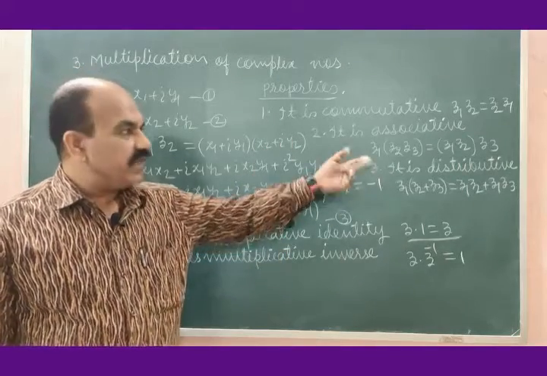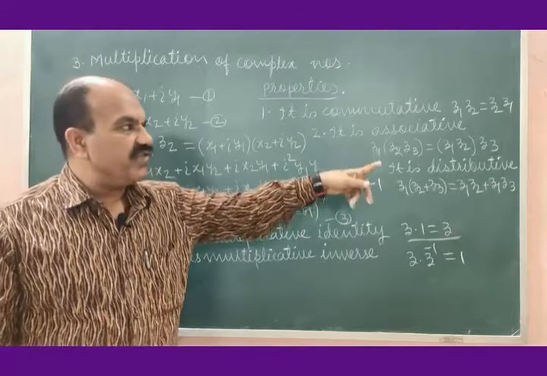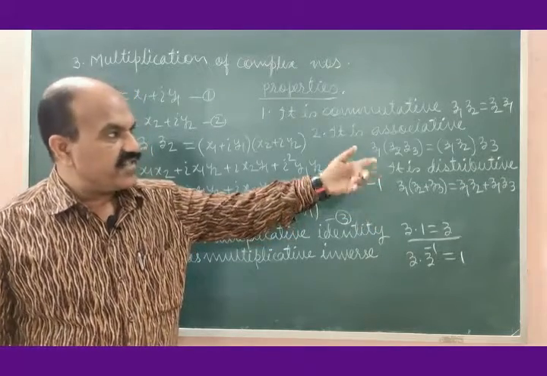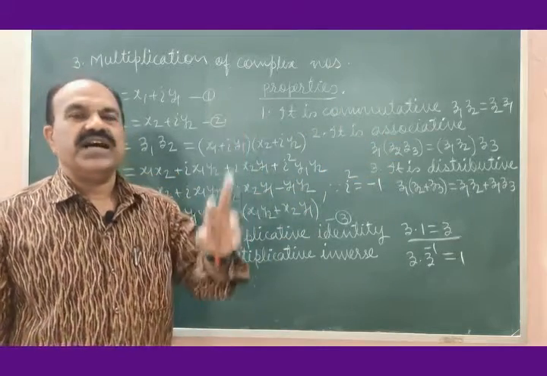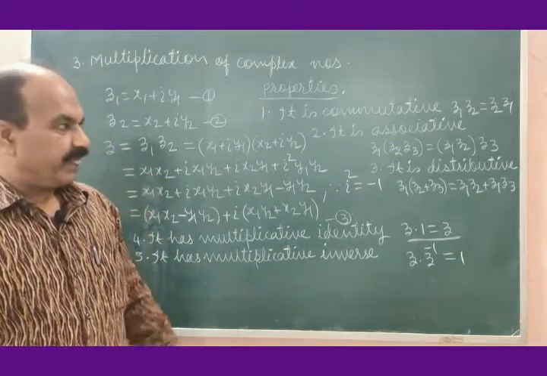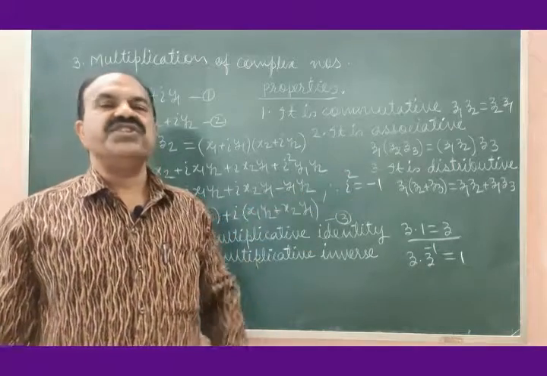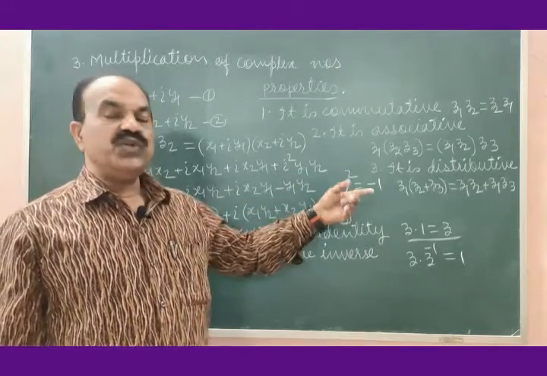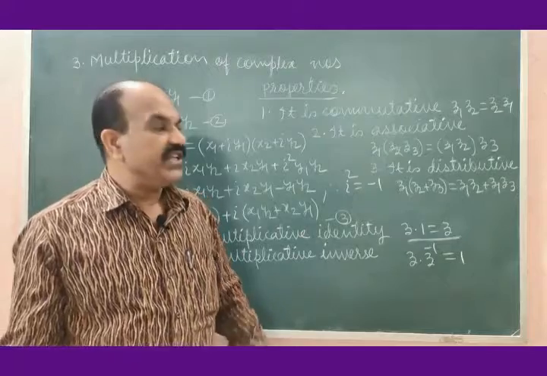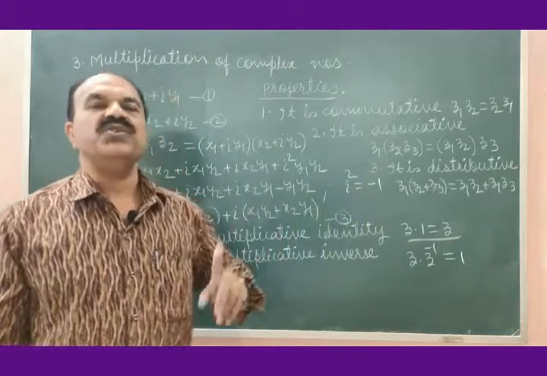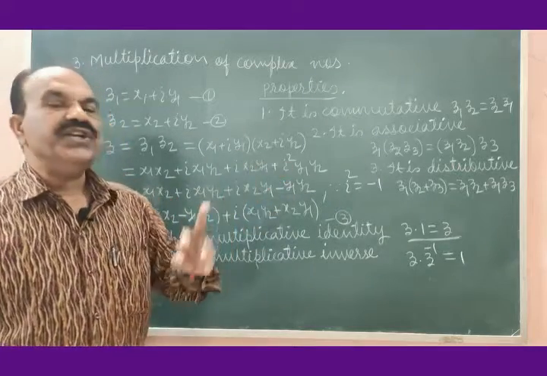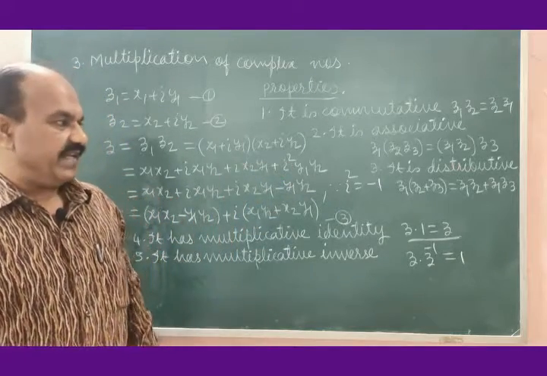Z1 into bracket Z2 Z3 is equal to bracket Z1 Z2 bracket complete into Z3. Third property, it is distributive. Z1 into bracket Z2 plus Z3 is equal to Z1 into Z2 plus Z1 into Z3. This is the distributive property.